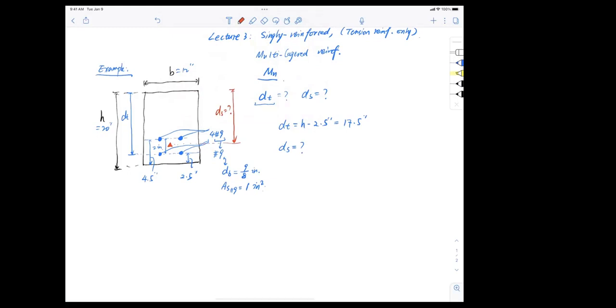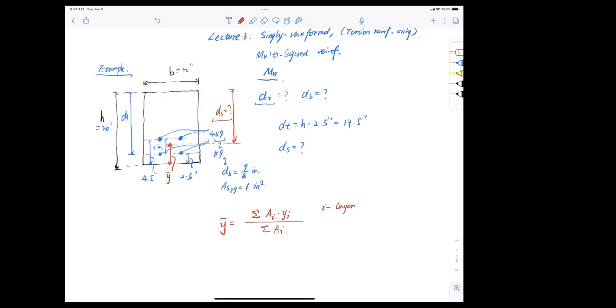Instead of calculating DS directly, I'm going to calculate the distance between the centroid and the bottom side, and I call this y bar. I know that y bar should equal the summation of the area of each layer, with i representing each layer, times the distance of the layer to the bottom line, divided by the total area of the reinforcement.